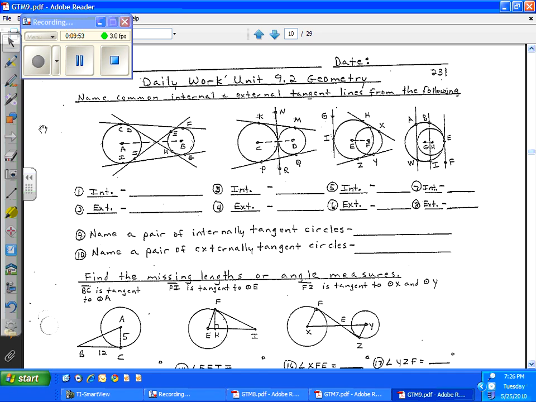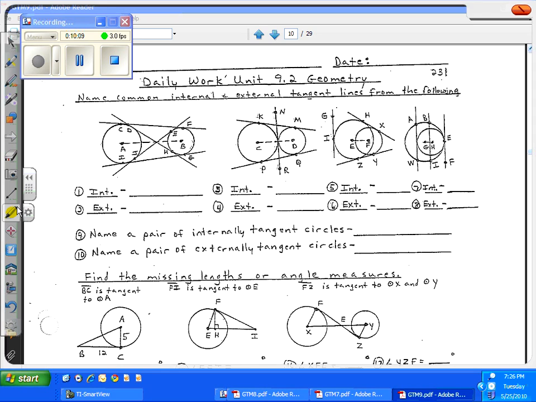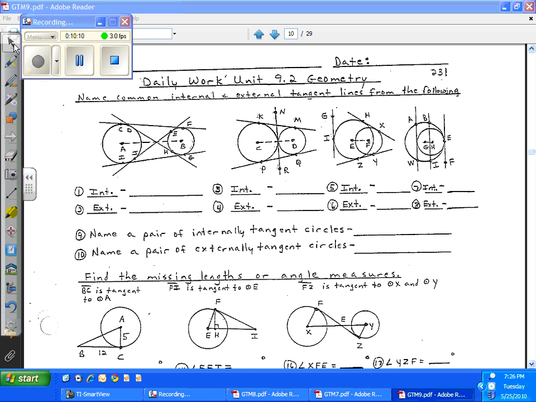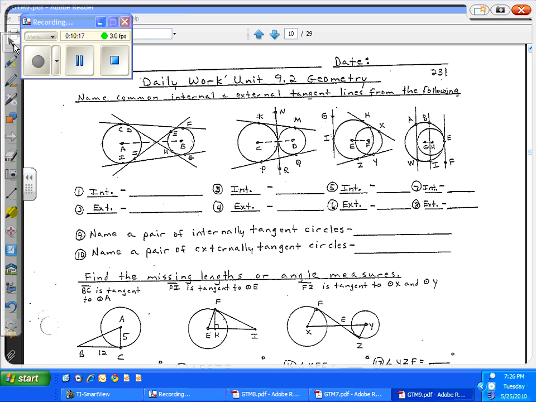So, daily work, Unit 9-2. It says name common internal and external tangent lines from the following. A tangent to a circle is a line that intersects a circle in exactly one point. A common tangent is a line that is tangent to two coplanar circles.